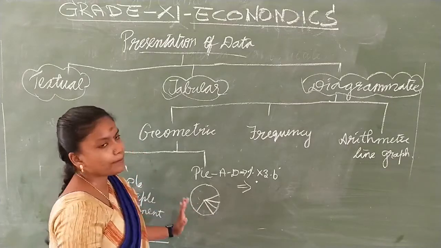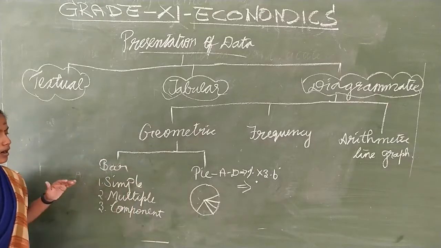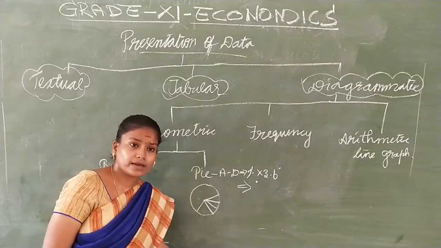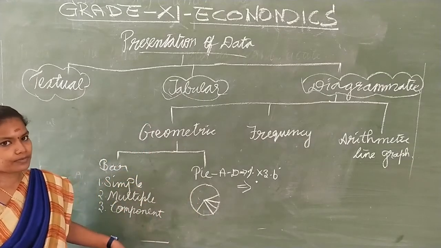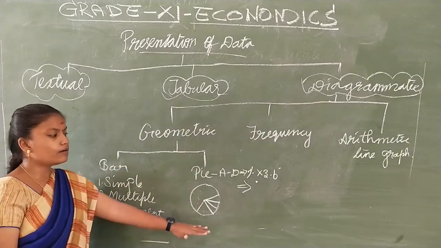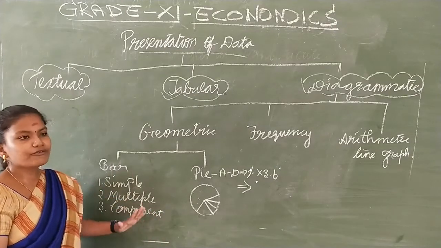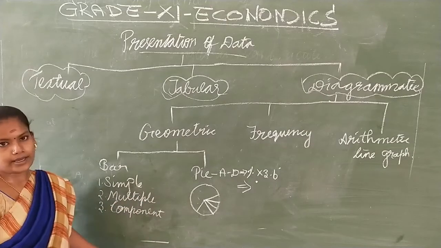That's how you present the pie diagram. Data given for a component bar diagram can be presented as a pie diagram and vice versa. It is in the form of a bar, or in the form of a pie. That's the only difference between a bar diagram and a pie diagram.